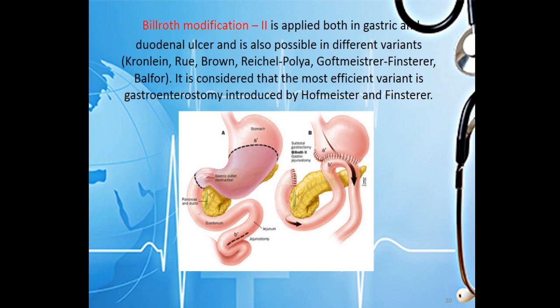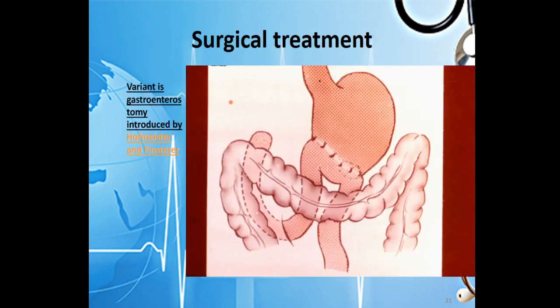And I show you Hofmeister-Finsterer. This is the scheme of Hofmeister-Finsterer. So, the stump of the stomach, the gastrojejunal anastomosis. The afferent loop is short, the length not more than 7-8 centimeters. This is a retrocolic anastomosis.